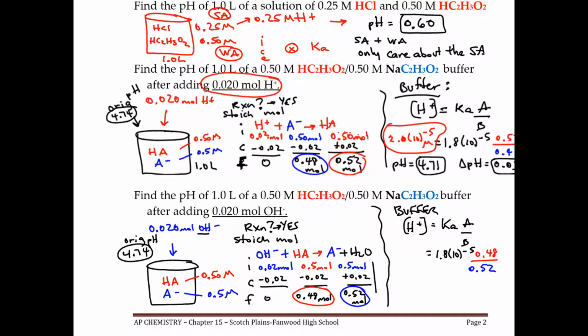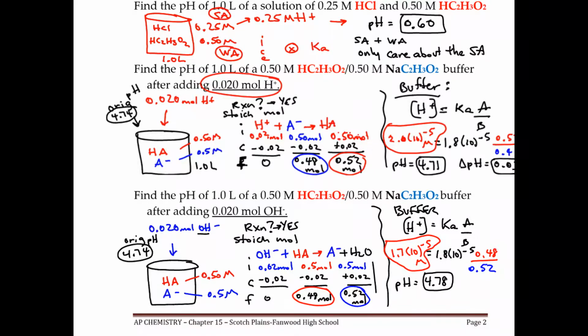And when you do the math for that, you're going to get an H plus of 1.7 times 10 to the minus fifth molar. I'm sorry, not a pH, but an H plus. And then when you negative log that, you're going to find out that the pH is 4.78.